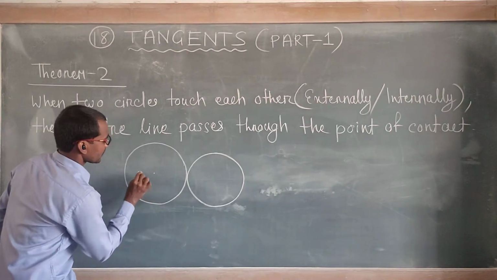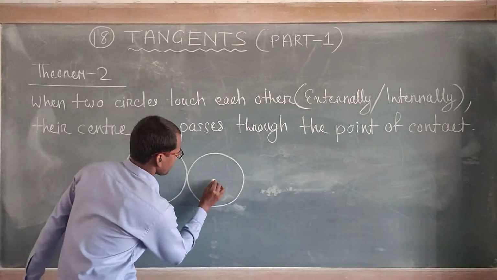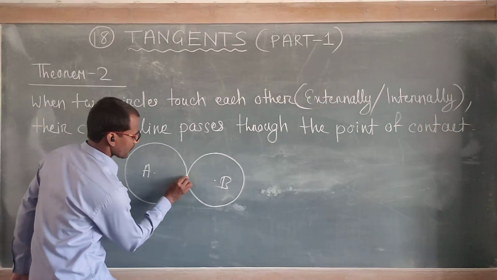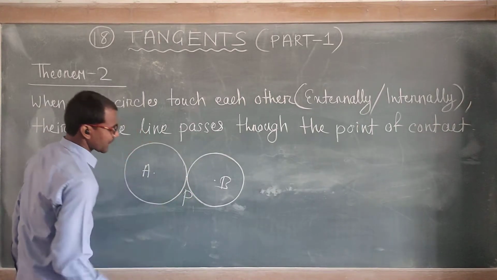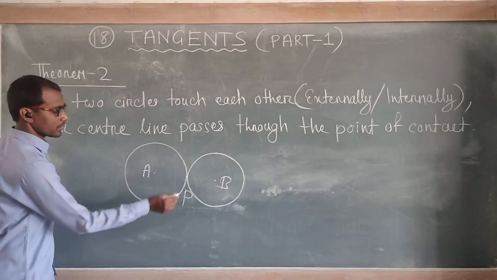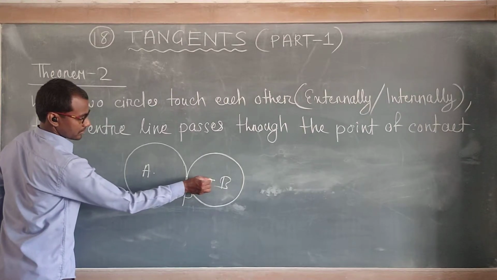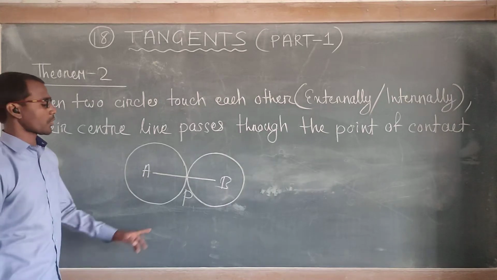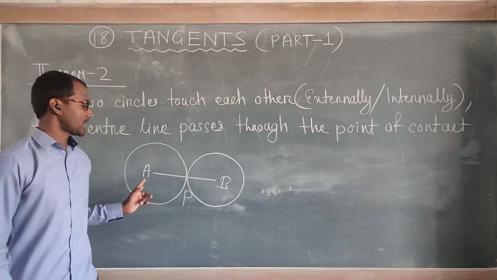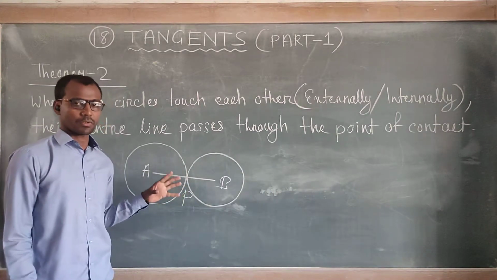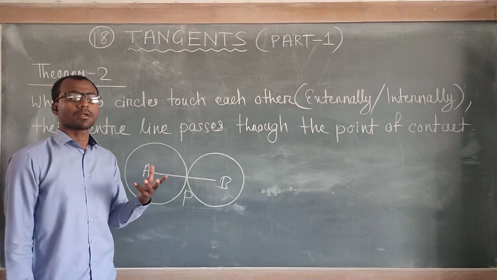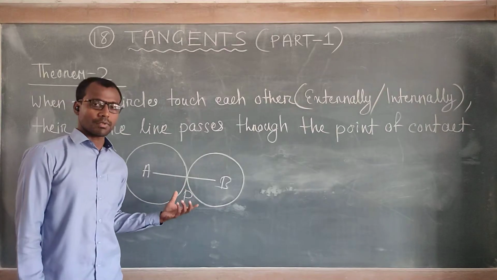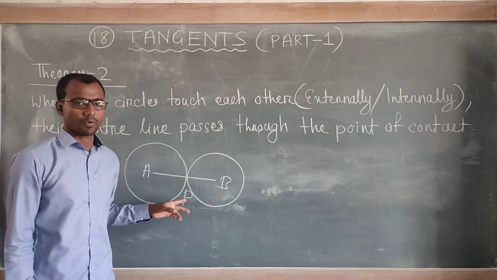Let the centers be A and B, and let the point of contact be P. If you join AB, it will pass through the point of contact. AB is the central line, the line joining the centers.